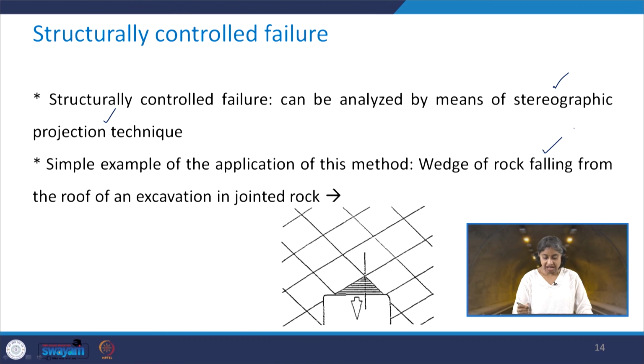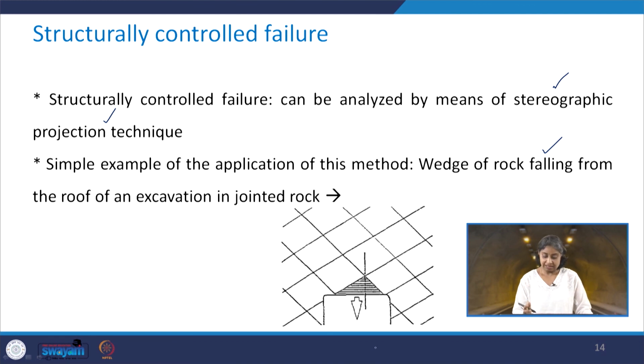As I was drawing earlier, the excavation is made, and we saw that at least 3 discontinuity planes are needed for a wedge to either fall from the roof of the excavation or slide from the side wall.